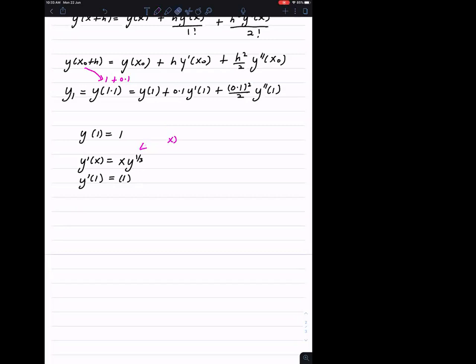It's a function of x, understood, but usually we don't write it. So y prime with x equals to 1 is y^(1/3), which is 1, and then y(1) is also 1, right? 1 to the power of 1/3 is also 1. So 1 times 1 is 1.